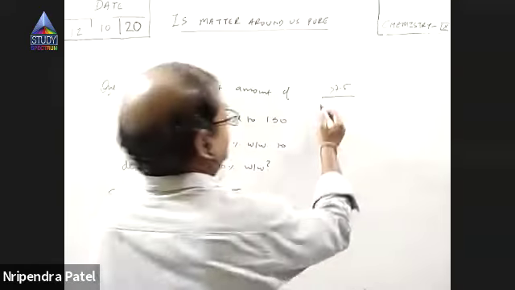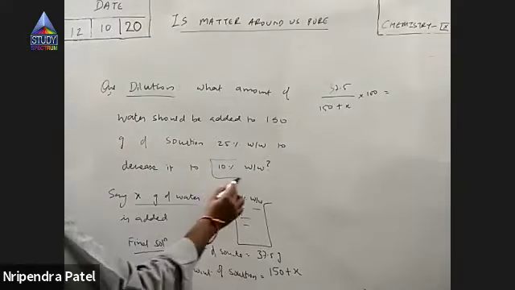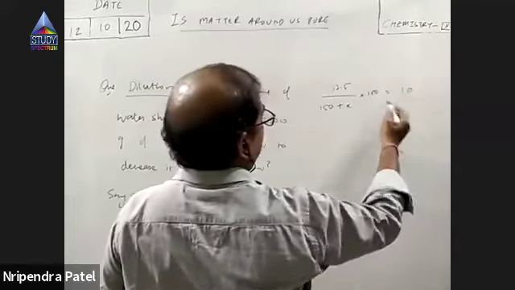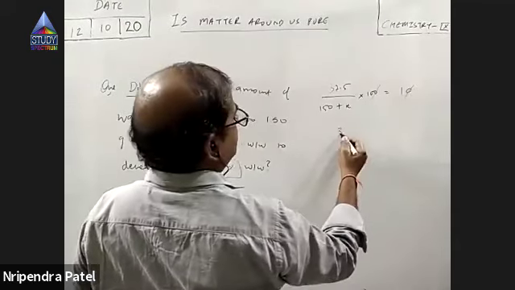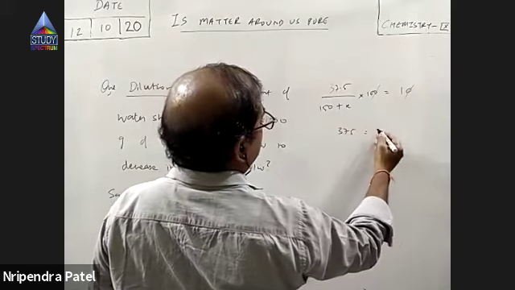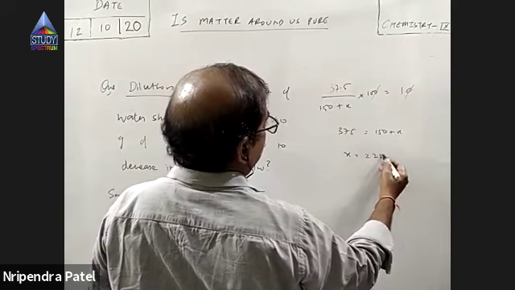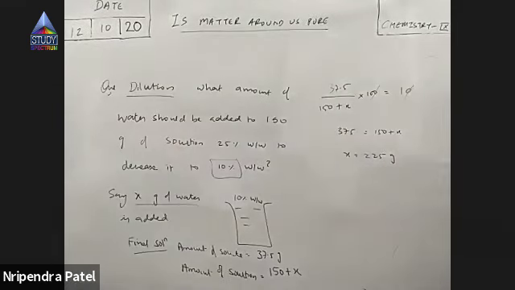So mass of solute is 37.5 gram upon mass of solution, 150 plus X, into 100. This is percent W by W, but as per the question, the new concentration is 10% W by W. So this gives 375 equals 150 plus X. X is 225 gram, that's it.